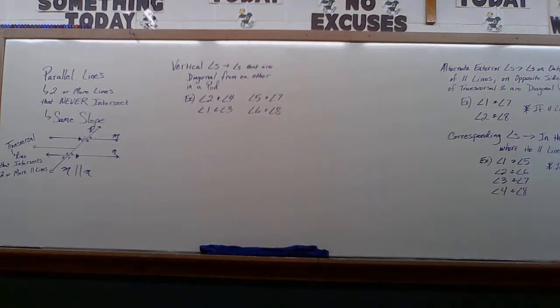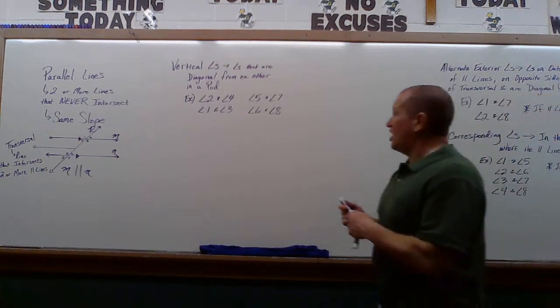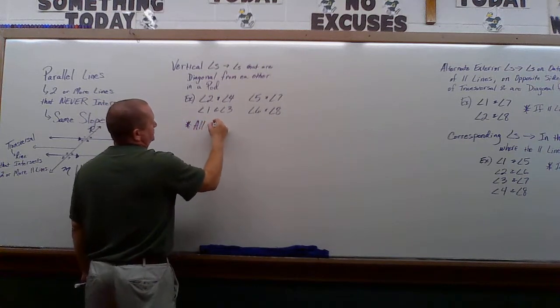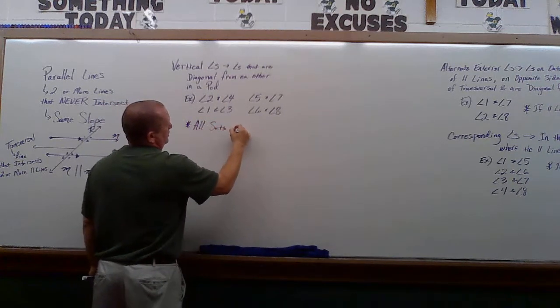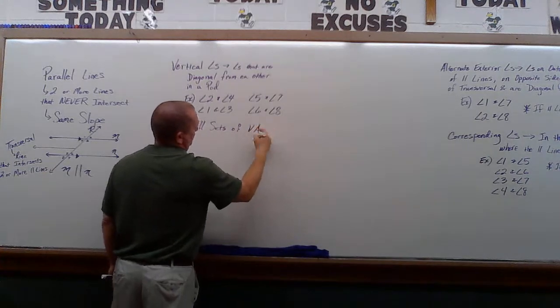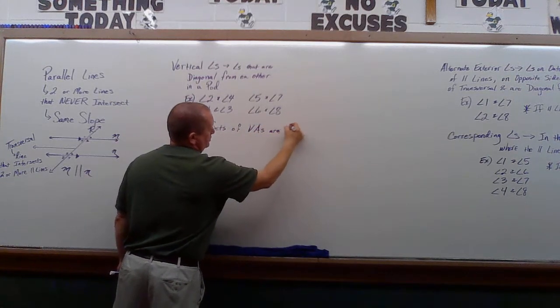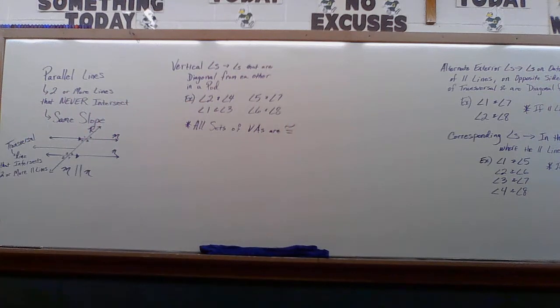Do we need to put our star on this? Yes. But we get to eliminate the first part. So just a big star. All sets of, again, I'm lazy, vertical angles are congruent. All sets.